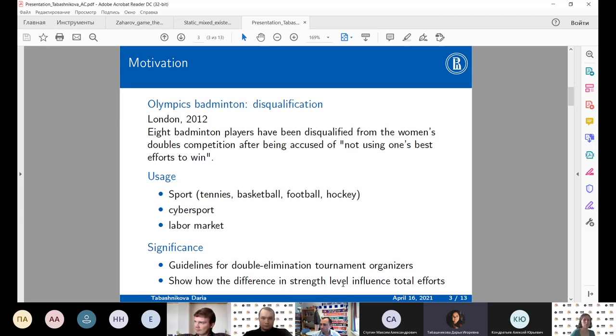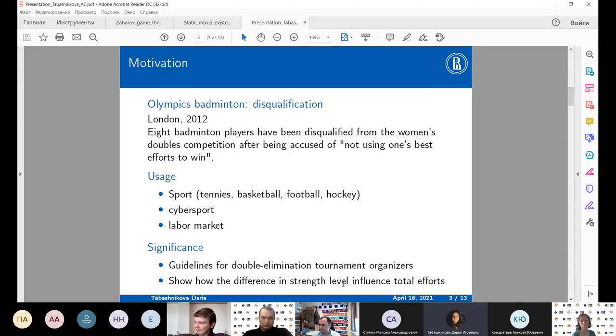It was a problem, and the judge gave them just a red card, but they still didn't play well, so they were disqualified. And it was the problem.